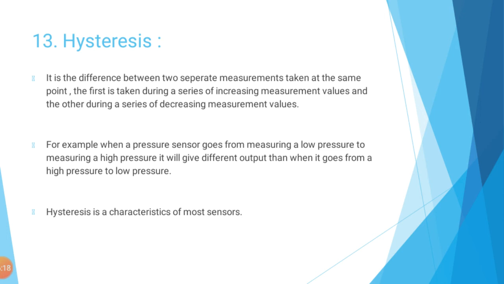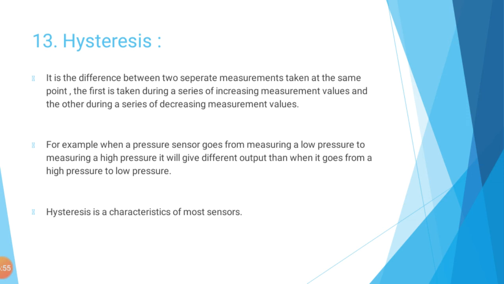Suppose we take this particular physical quantity, and if we want to measure that physical quantity, and if we start the measurement at the same point, but go through in an increasing manner and then again in a decreasing manner, there is a difference between these two measurements. That is the series of increasing measurement and the series of decreasing measurement. In that we will find some difference, and that difference is known as the hysteresis.